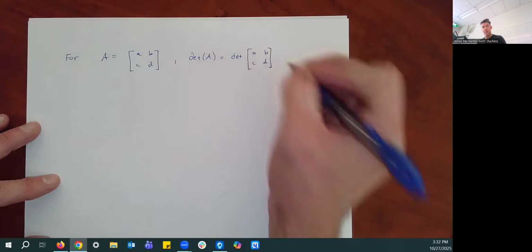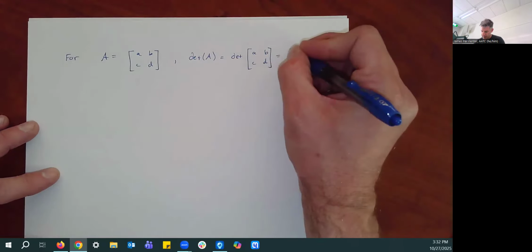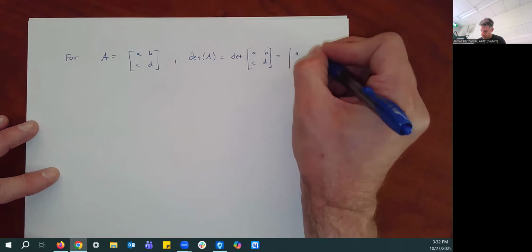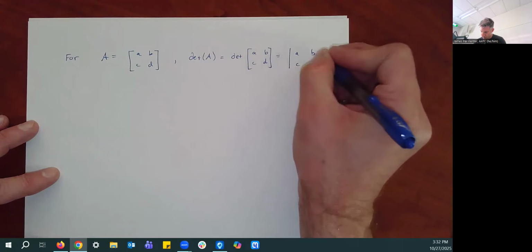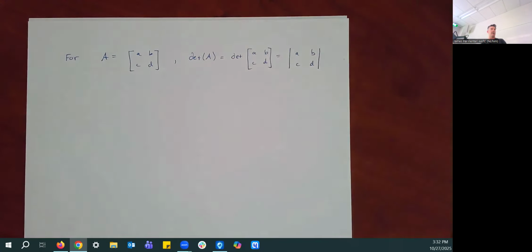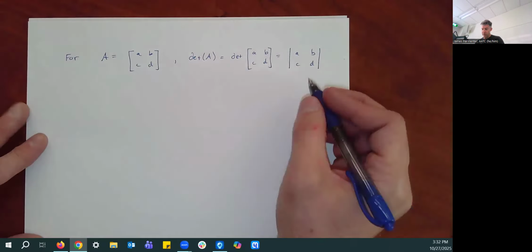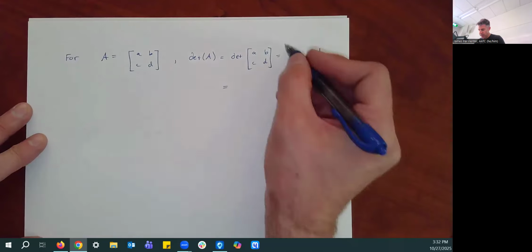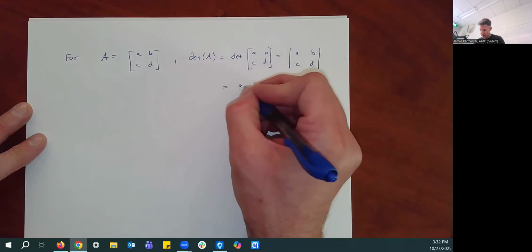But a more common notation is to write essentially the same matrix, except with vertical lines as opposed to brackets. It's kind of like an absolute value symbol, but it's the determinant symbol. It's kind of like that because it does produce a numerical quantity. So when you take the determinant of a 2 by 2 matrix, it's going to be a times d minus b times c.